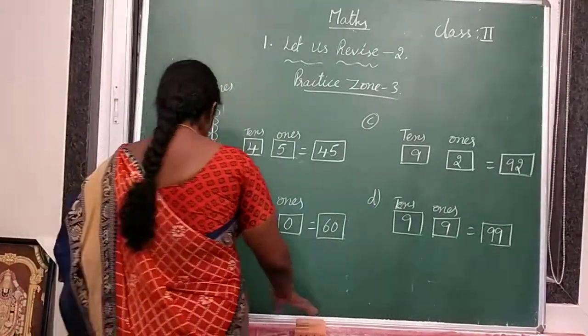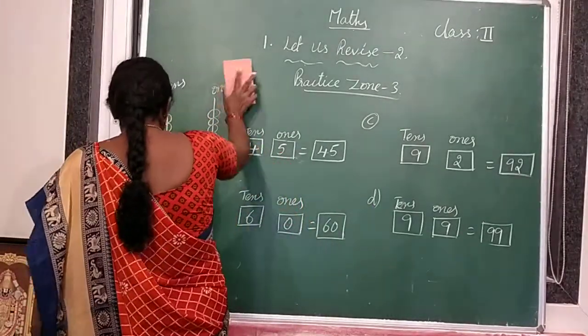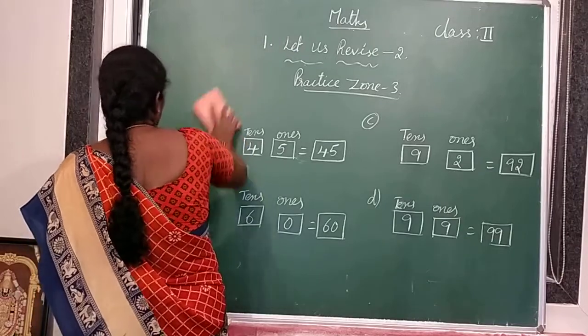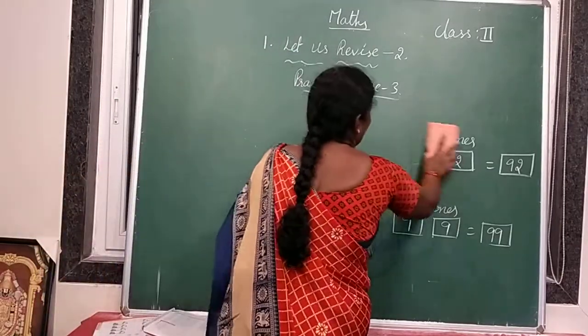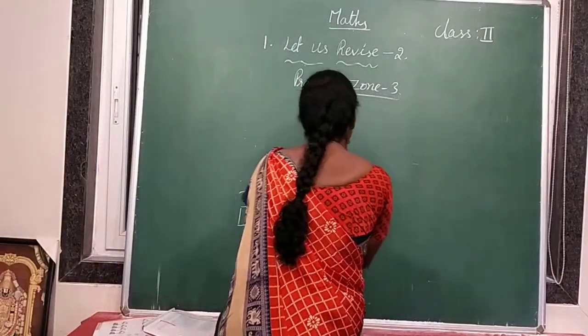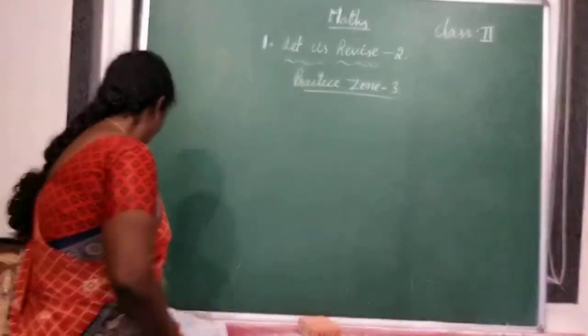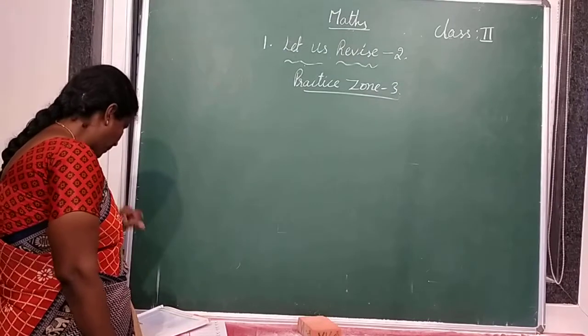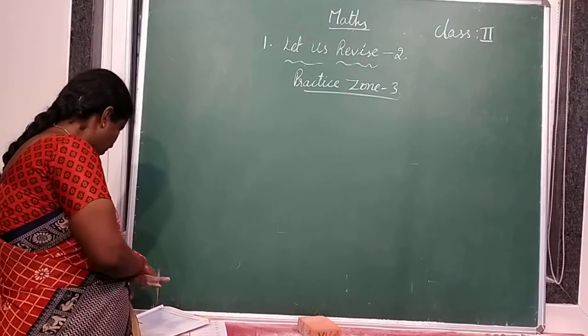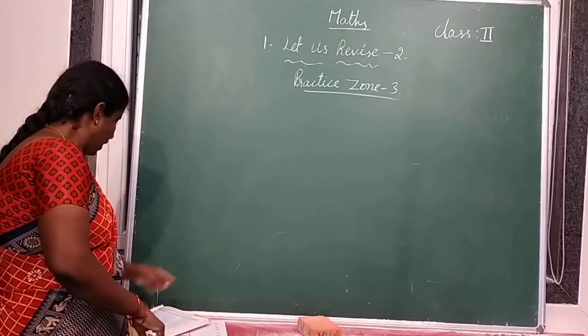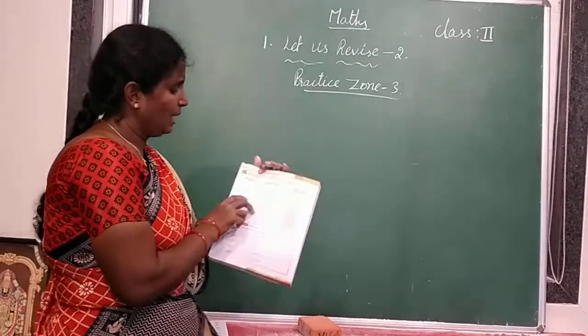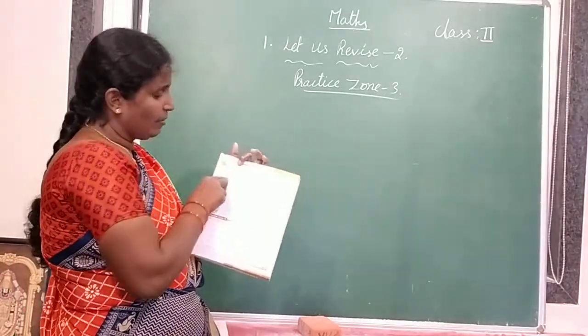Next, expanded form and number names. See here, like a table, it is 21.